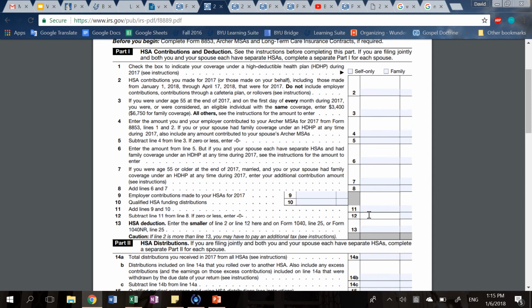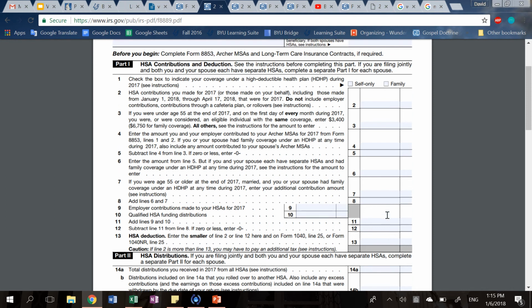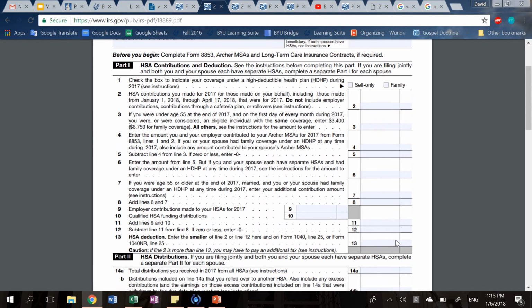When they say the smaller of line 2 or line 12, that's how they determine that it will be the lesser of either what you contributed or the max. So you won't be able to contribute more than the maximum amount for your HDHP.